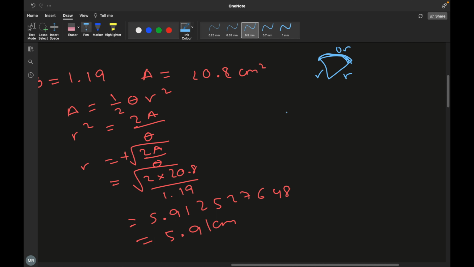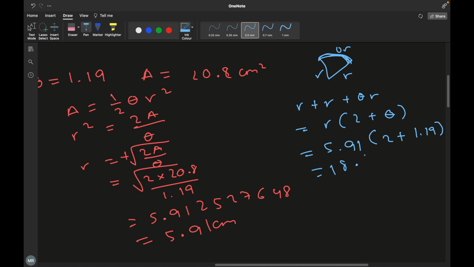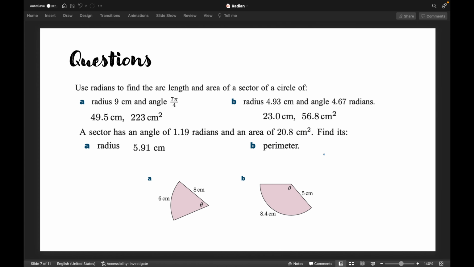That would be the perimeter. So r plus theta r. We'll take r common. Now let's use the exact value in the calculator. It's 18.860963. We can write 18.9 cm.